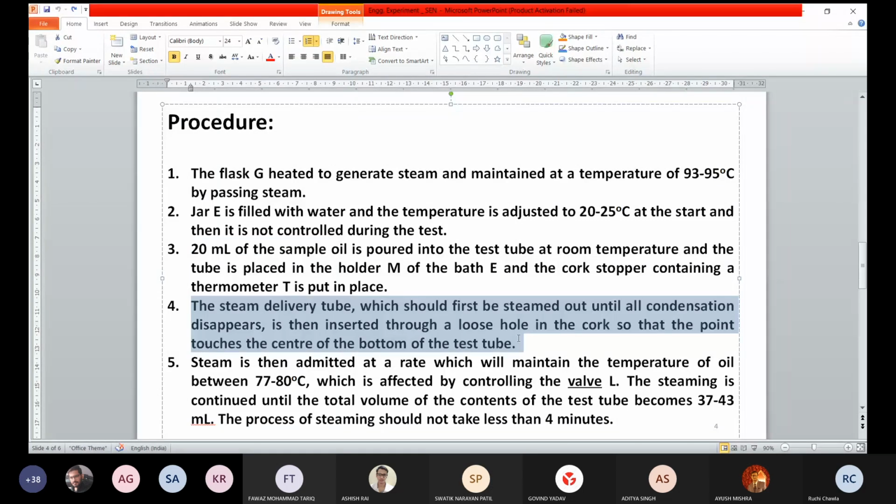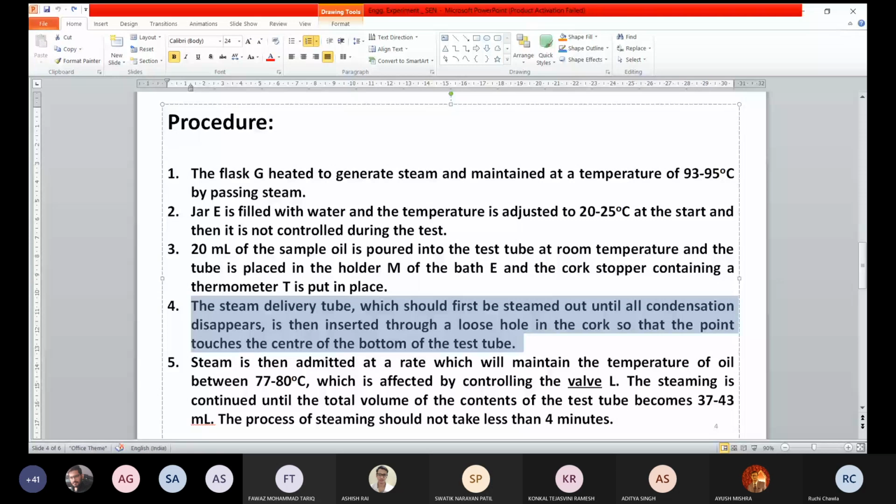This should be steamed out first, meaning if there are water droplets present in the delivery tube, then you should steam it out first before dipping it into the boiling tube containing the oil. Once you have removed all the condensation from the delivery tube by passing steam, then it should be inserted into the boiling tube containing the 20 ml of oil.